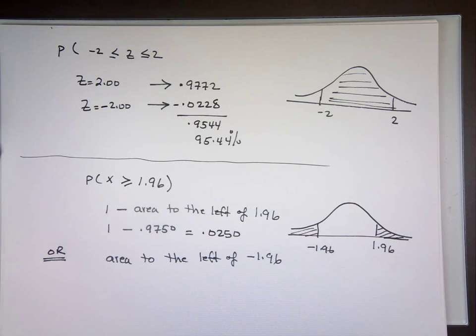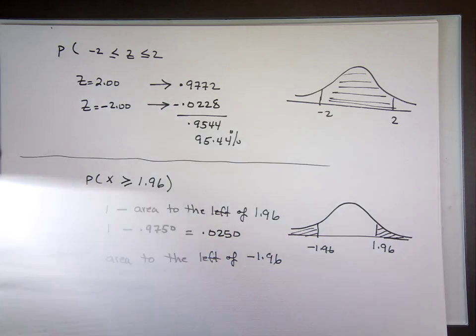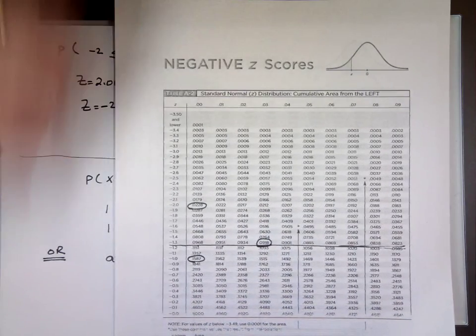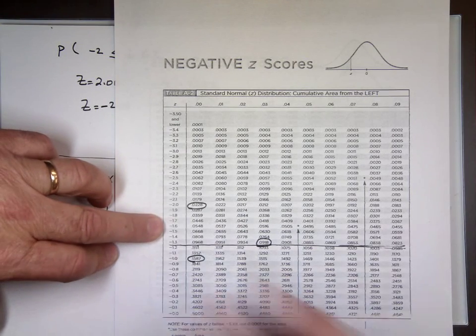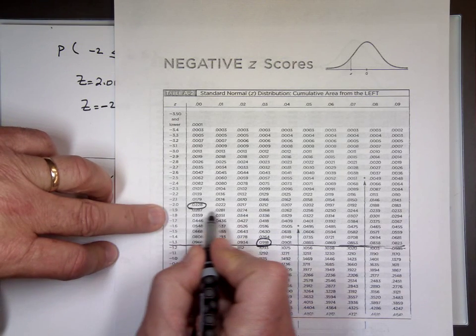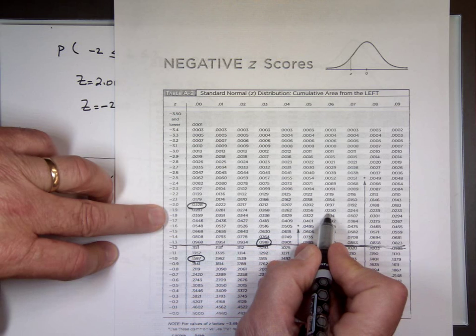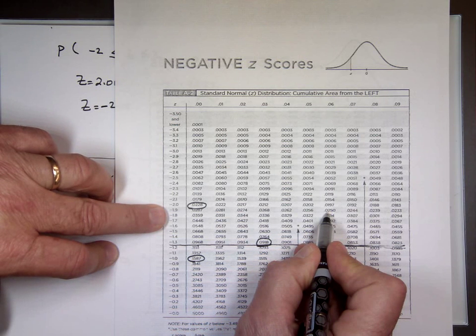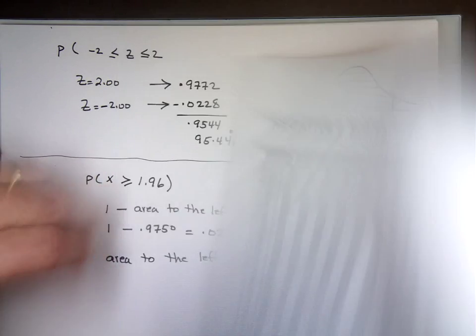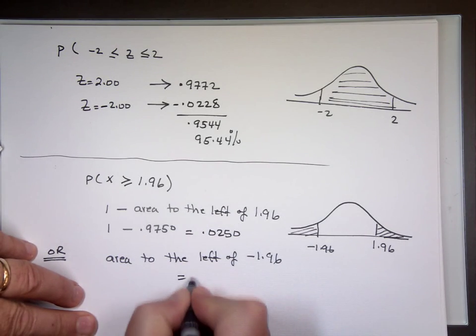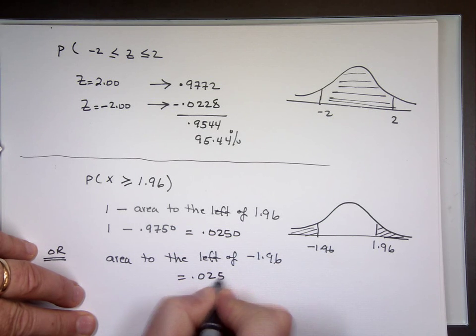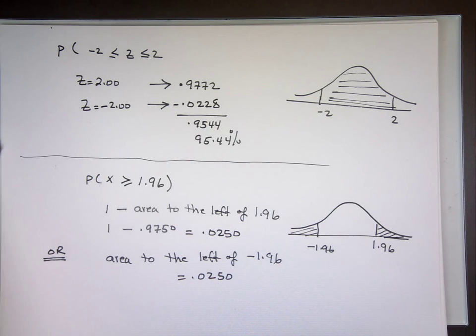So instead of subtraction, I go to the negative z-score, negative 1.96. Here's the 1.9 all the way to 6. Right there, 0.0250. Is that the same answer? Yep, you can do it both ways.